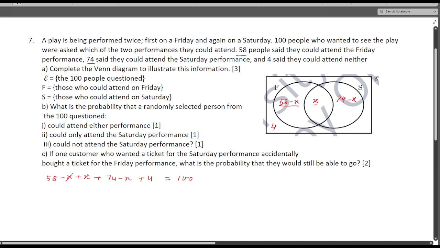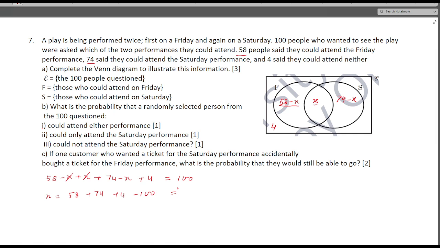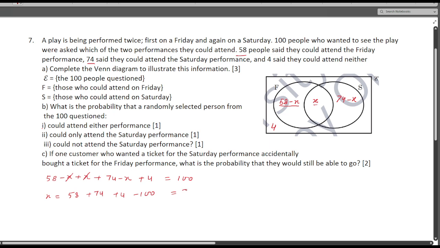So the minus X plus X cancel, and X will be equal to 58 plus 74 plus 4 minus 100. So the value of X we get is 36.